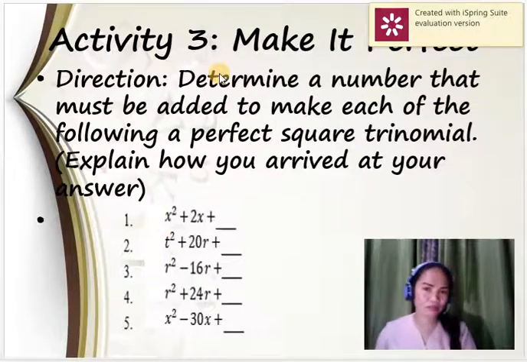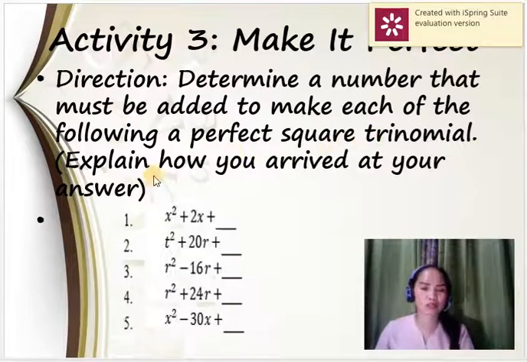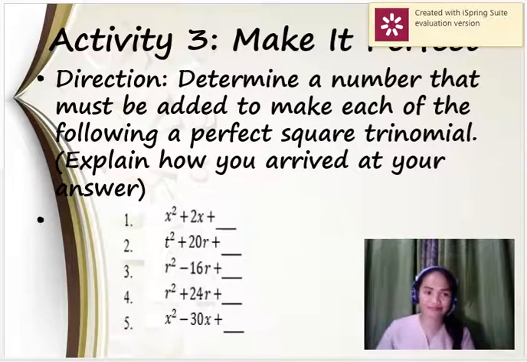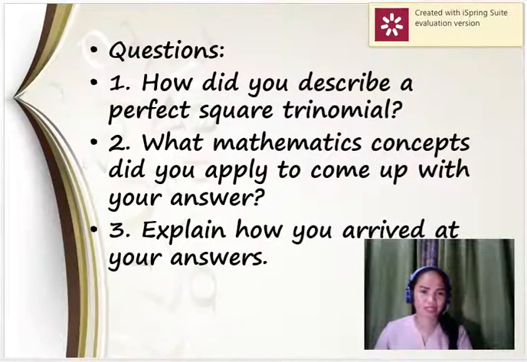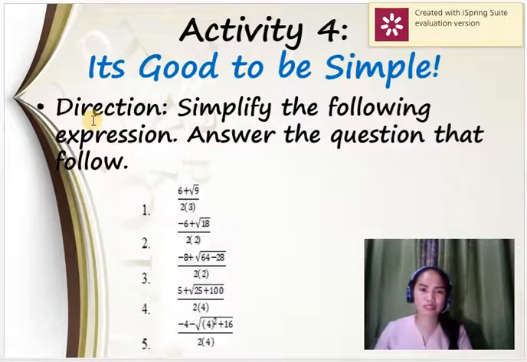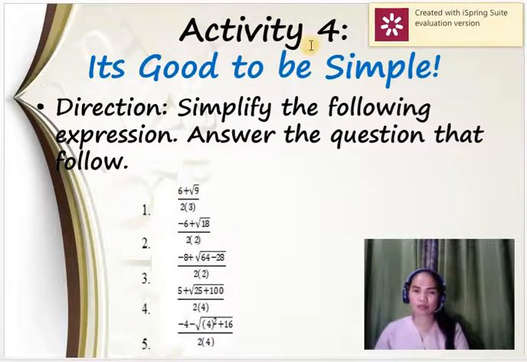Can you do this activity 3? Make it perfect. The direction: determine a number that must be added to make the following a perfect square trinomial. Explain how you arrive at your answer. Then answer this question. Let us have activity 4: It's Good to Be Simple.